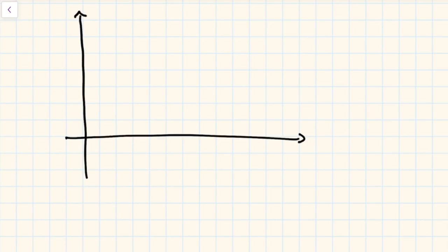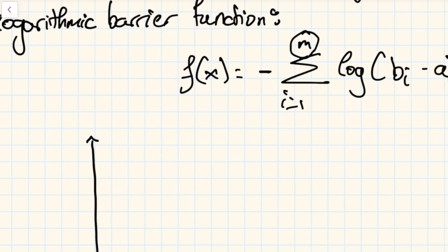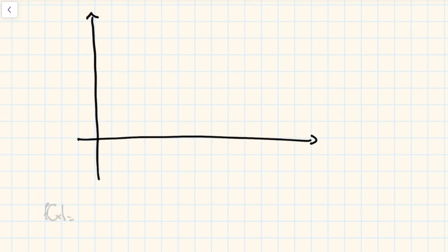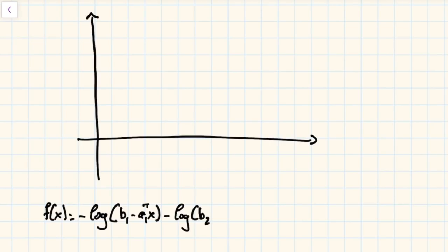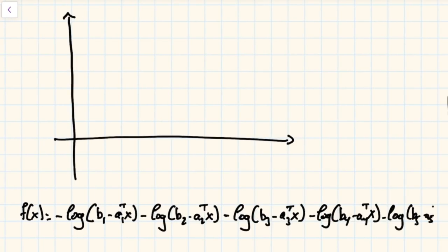Let's say my m right here is 5. So I've got 5 such terms of log of b_i minus a_i x. So in other words, I'm minimizing f of x, that is minus log of b1 minus a1 transpose x, minus log of b2 minus a2 transpose x, and likewise for b3 a3, b4 a4, and minus log of b5 minus a5 transpose x.